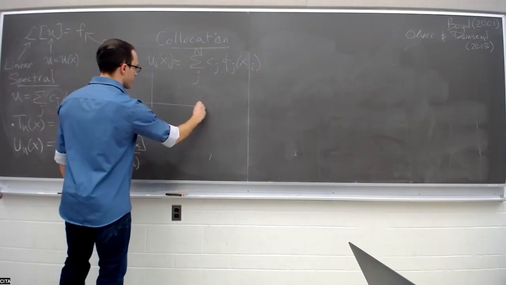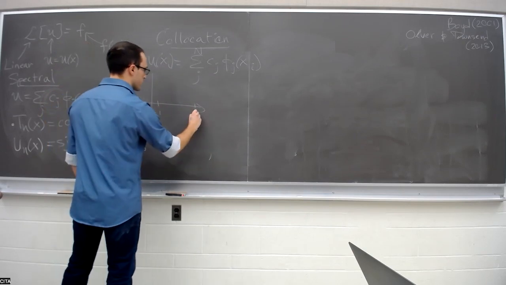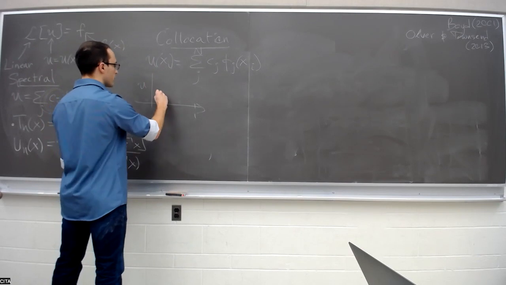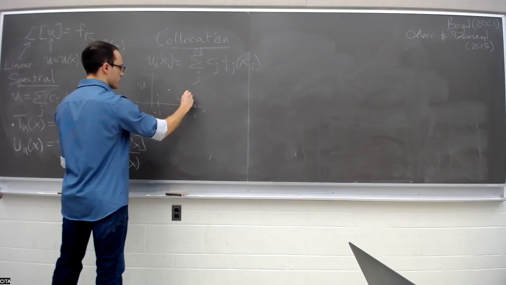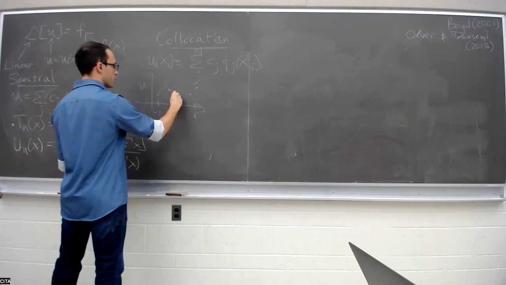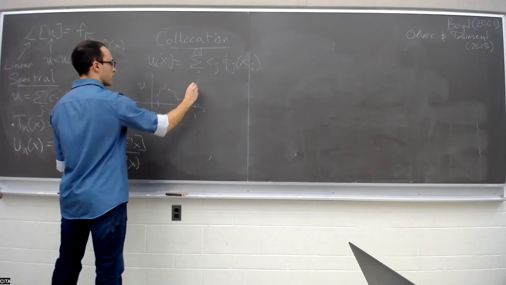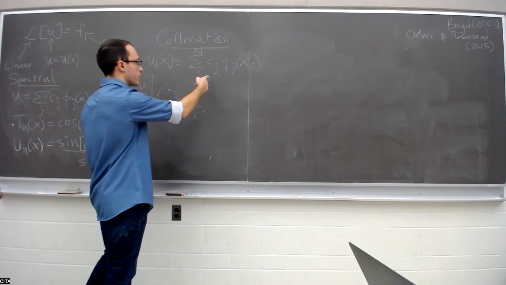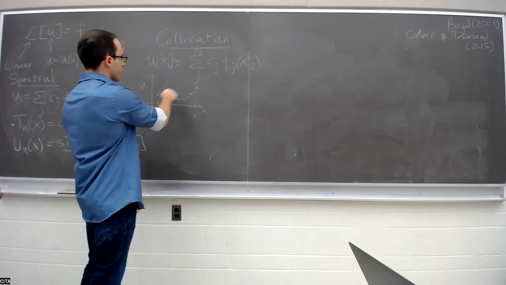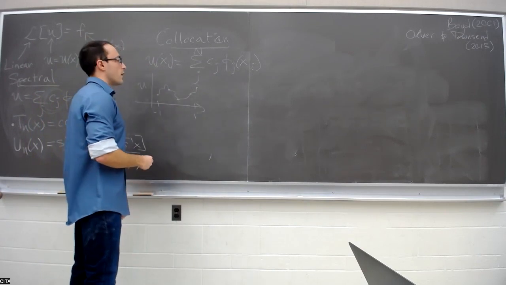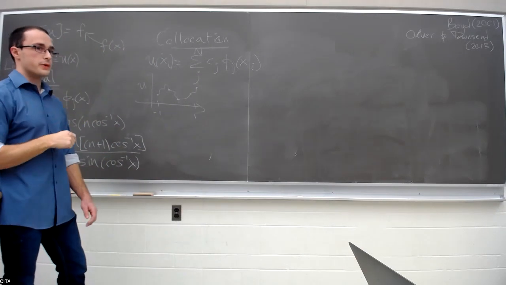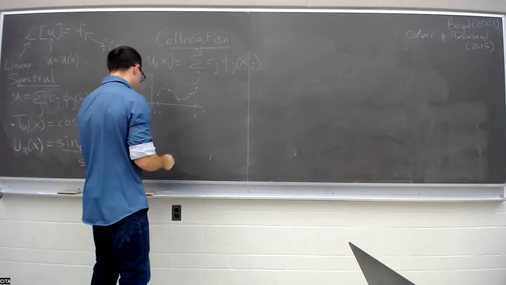So just to plot that visually, you have an interval from minus 1 to 1, and this is u. If you have specific collocation nodes, your solution might wander around a little bit, but at those nodes, it will be exactly equal to this truncated expansion. The appropriate choice for which nodes to use are, in the case of Chebyshevs, basically the extrema or the roots of the nth degree polynomial.